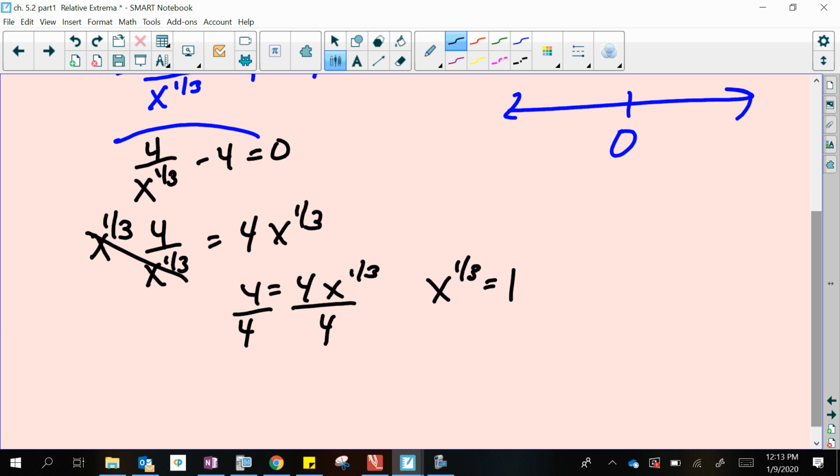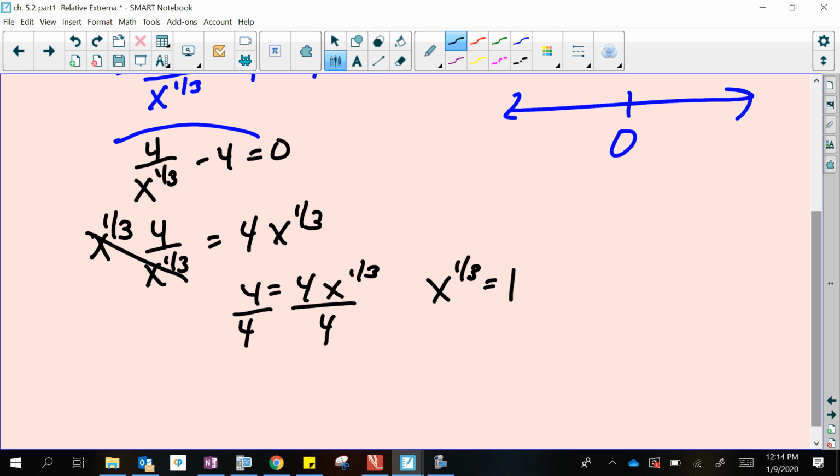So if x to the 1/3 equals 1, what does x equal? 1, right? How did you do that? It's kind of intuitive on a 1, right? But what are you actually doing here? Well, this is saying that the cube root of x equals 1, right?